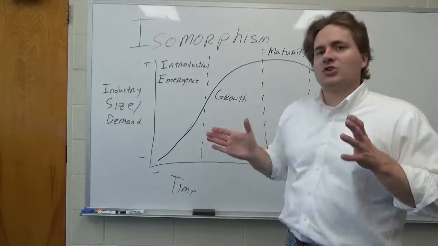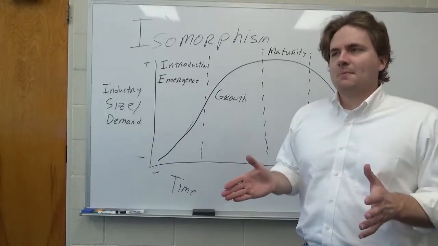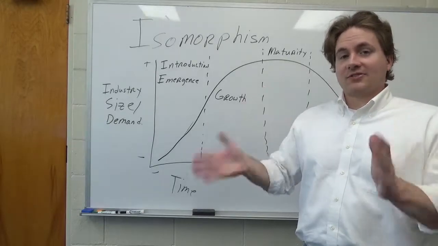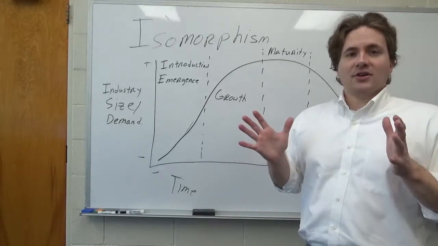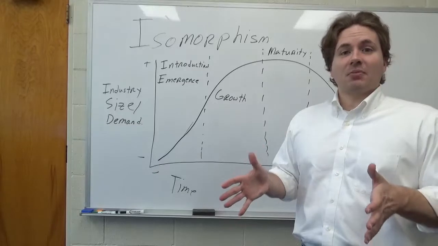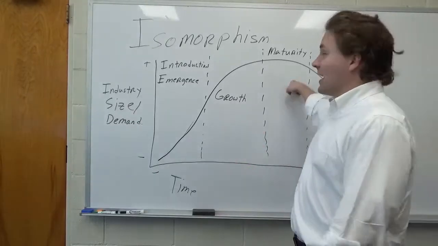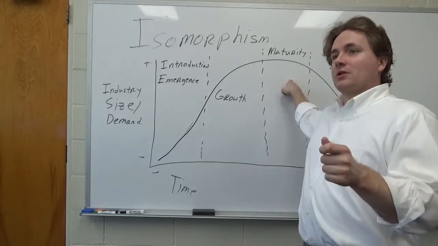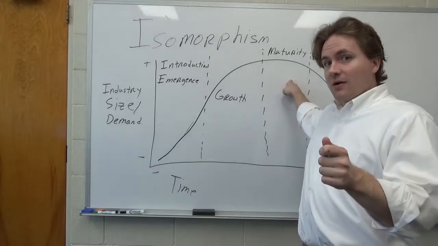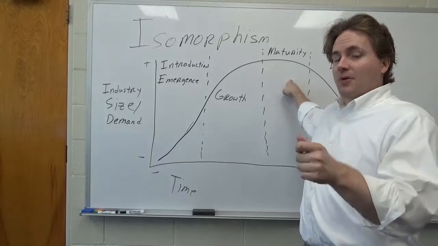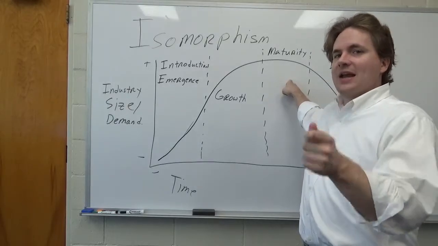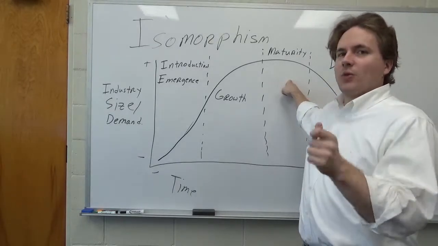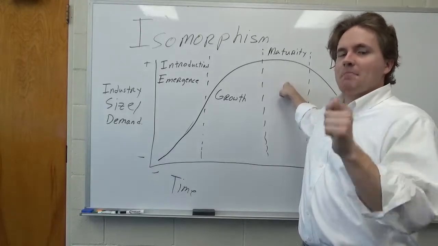And then you move to the maturity phase. In the maturity phase, you see that this product is definitely here to stay. We have a finite number of competitors here. At this point, we know what the product should look like. We know that the industry is going to be here, and we know what the industry and products should look like. Now we need to figure out how we make those products better.